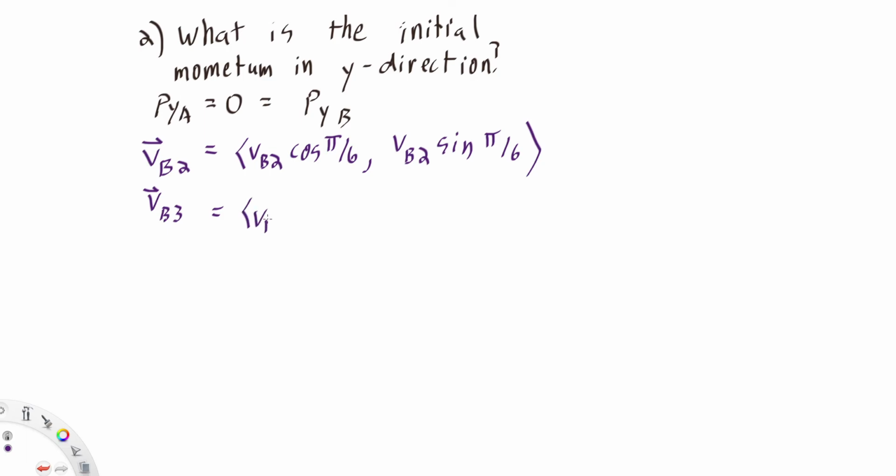Now the third ball is almost the same. It's also going to go in the positive x direction because it was struck from the left. However, it was also struck from the top, so it's going to go in the negative y direction, we expect.